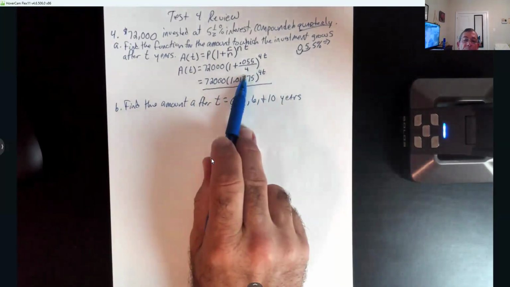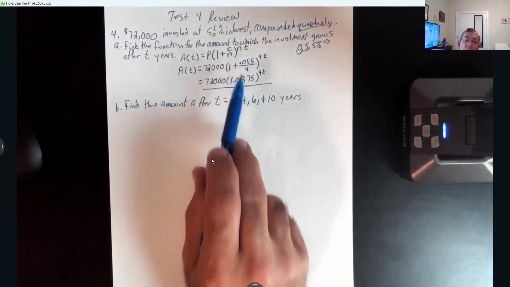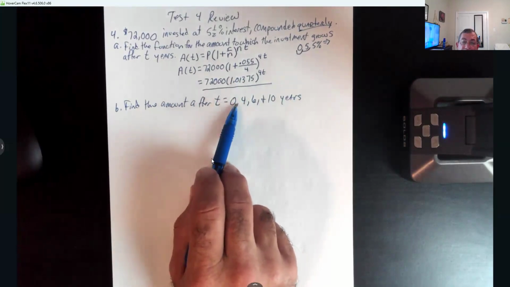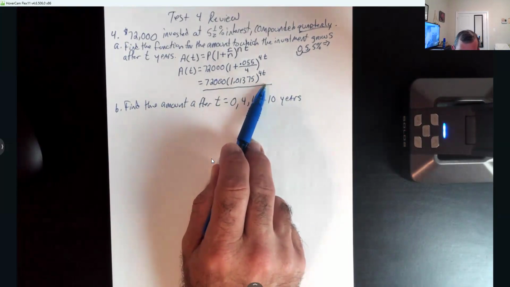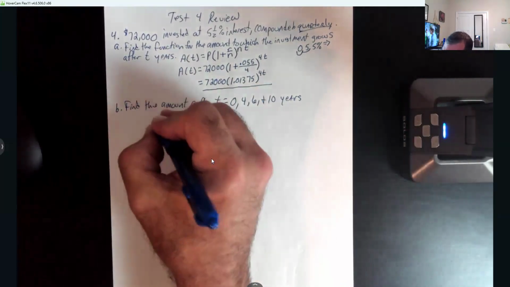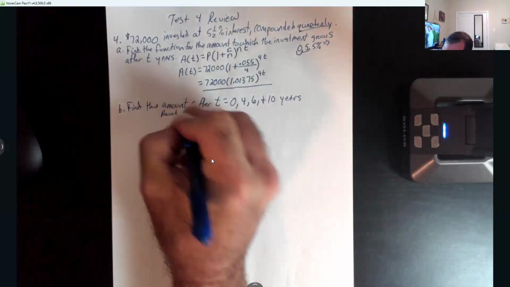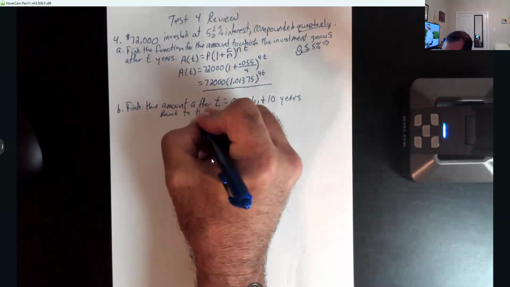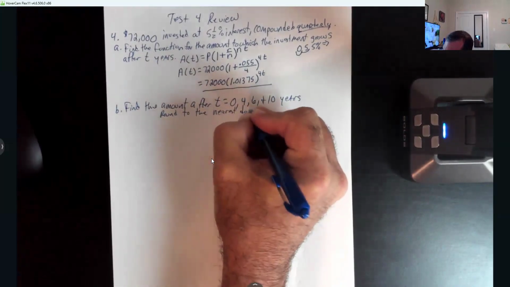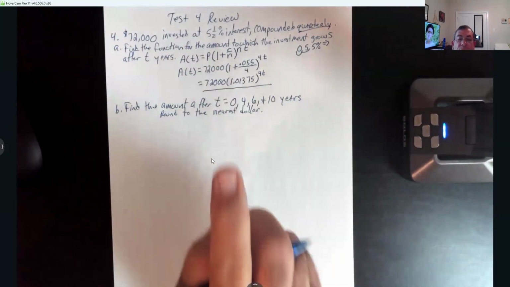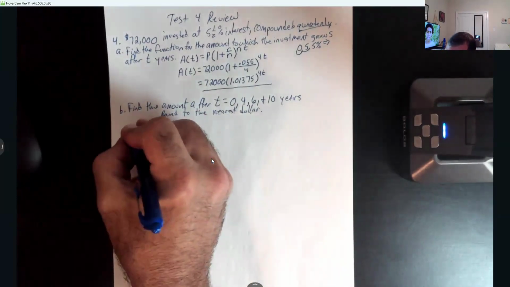All right, so we got our formula now. So now using this formula, we can find the amount when t is 0, 4, 6, and 10. Now this one, they want me to round to the nearest dollar. Okay, so no decimal points.